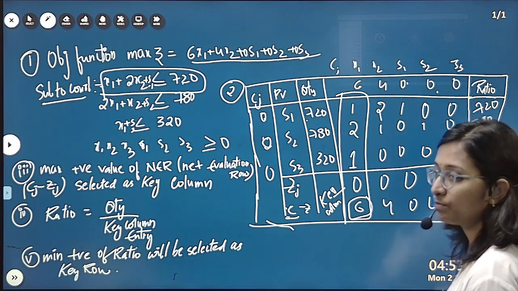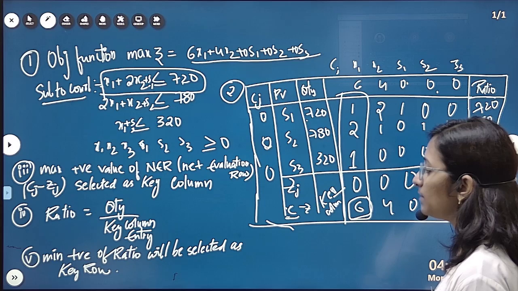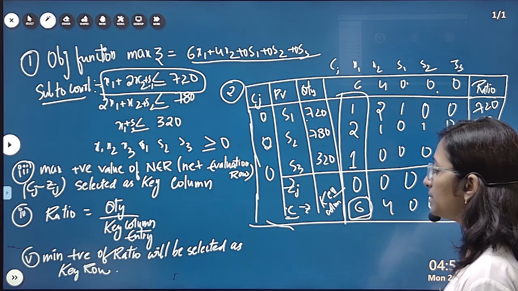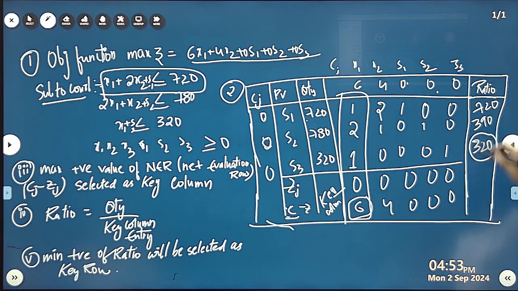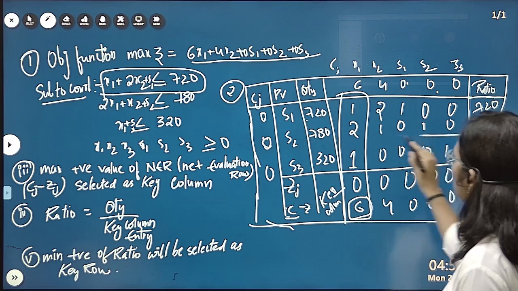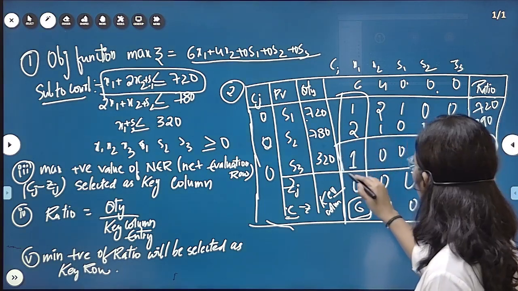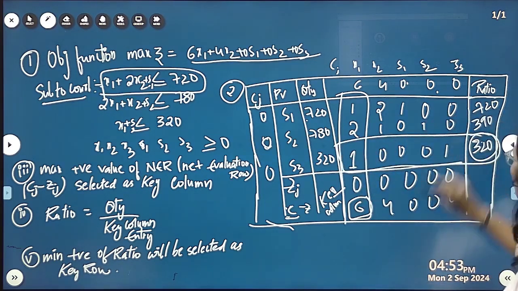So next, fifth point, what he is telling, minimum positive value of the ratio will be selected as a key row. So which is the minimum value here? 320, right? So this will be key row.